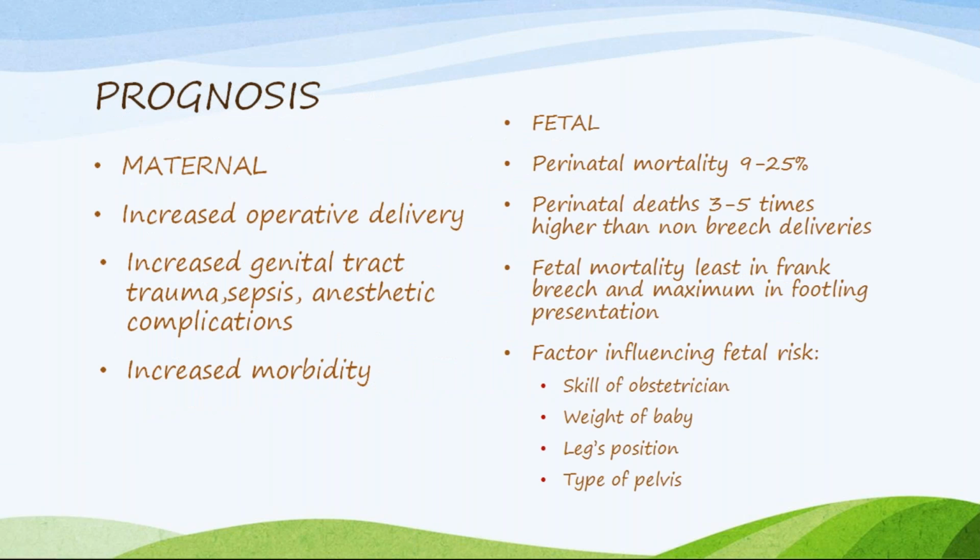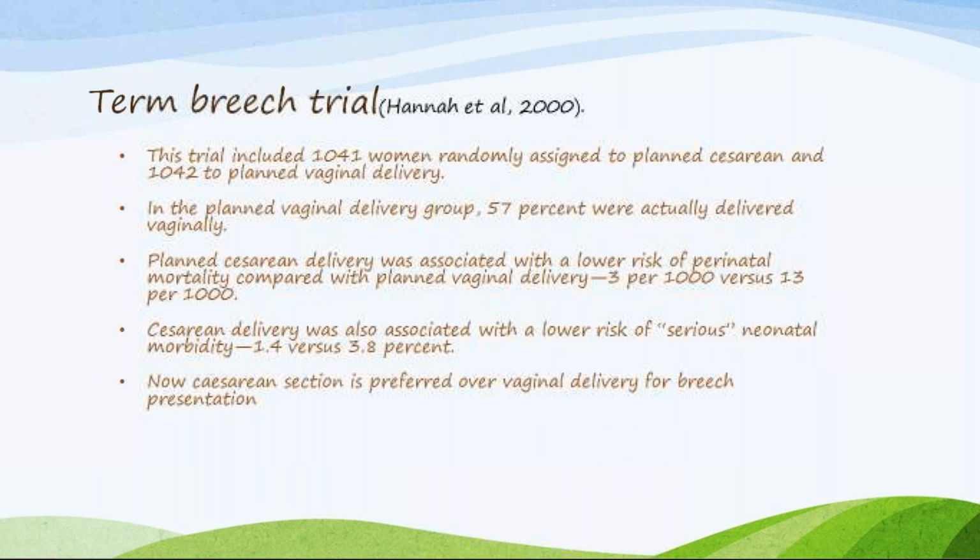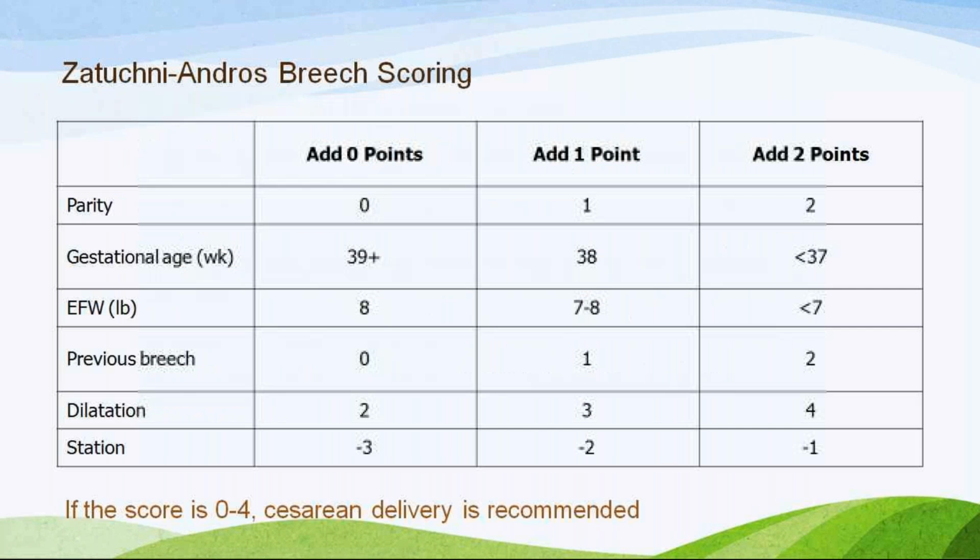Prognosis is two to three times worse, and fetal mortality is higher than normal vaginal delivery. Trial of labor could be given if everything is fulfilled. But if the baby is more than 3.5 kg, we go for cesarean. If it is less than 1.5 kg, we go for cesarean. Only with average size and adequate pelvis is breech delivery allowed.